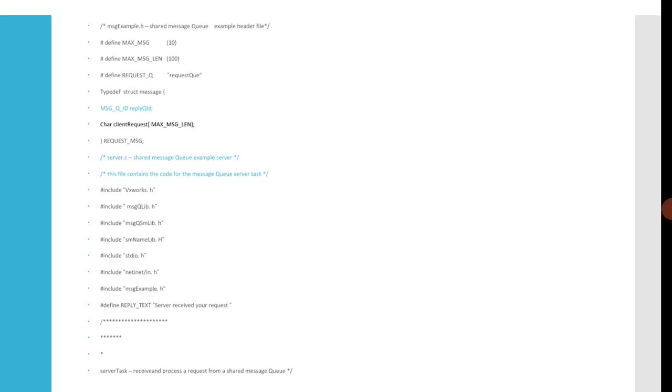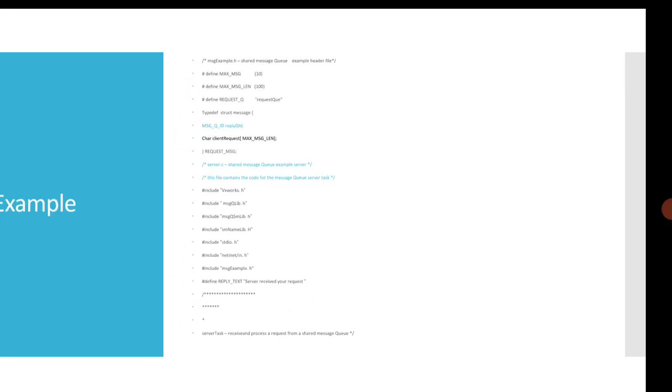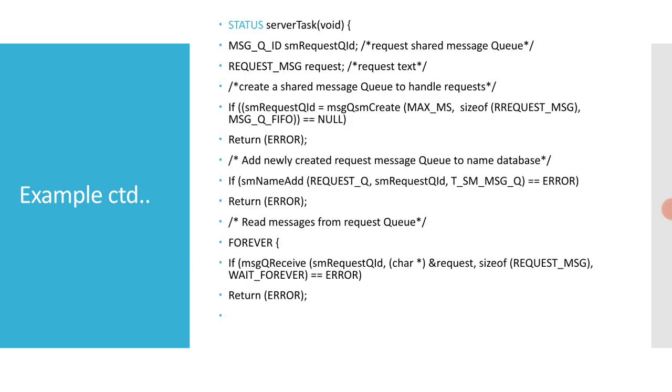So we request shared message queue and then request text and then create a shared message queue to handle requests and then add the newly created request message queue to the name database and then read messages from the request queue.